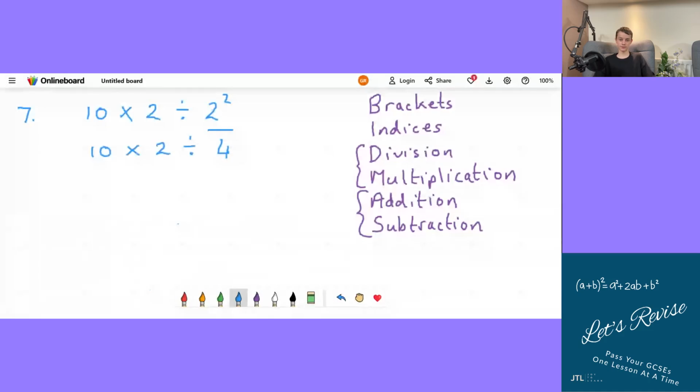So now you just have your multiplication and division, and it doesn't matter which order you do this in. But it's going to be easier for us if we do the multiplication first. So 10 times 2 equals 20, divided by 4 is 5.